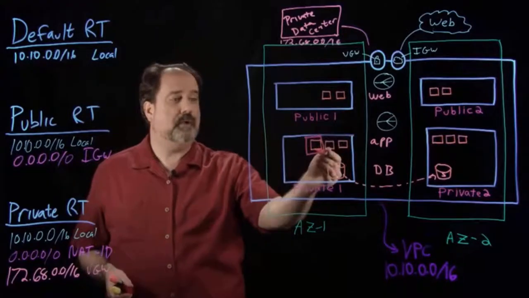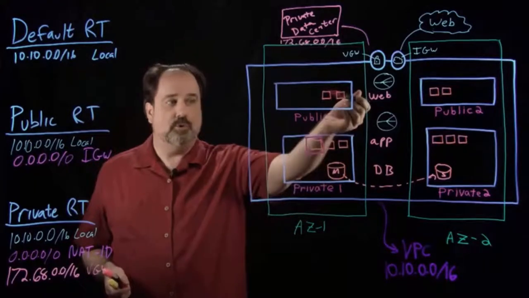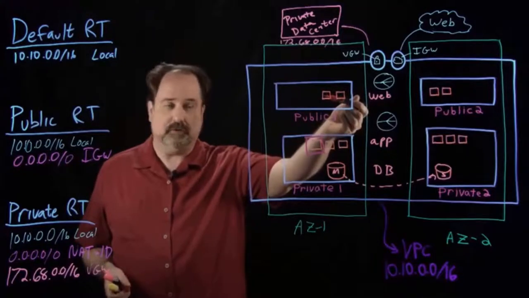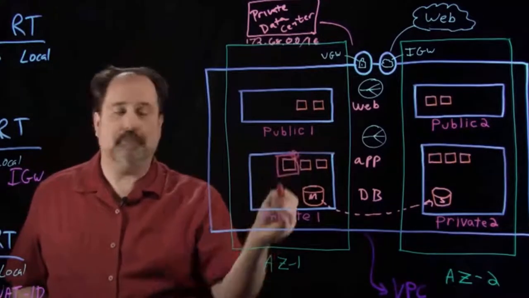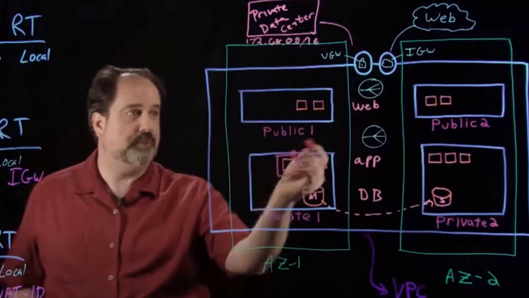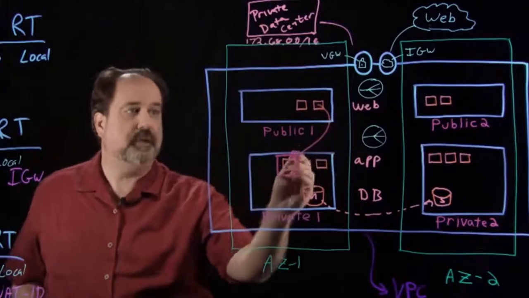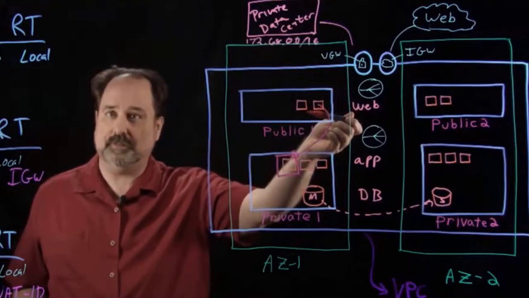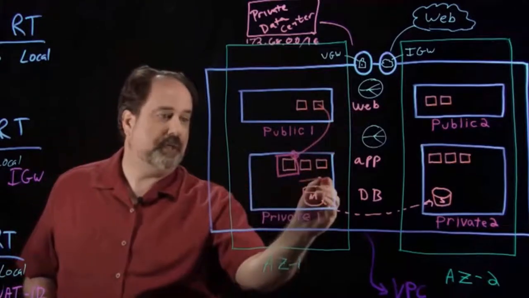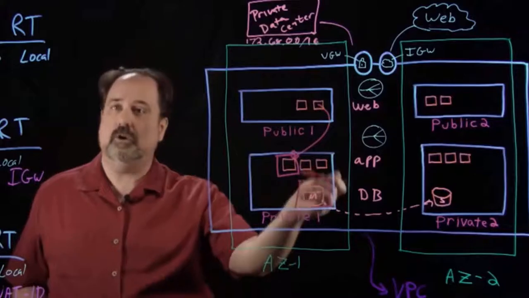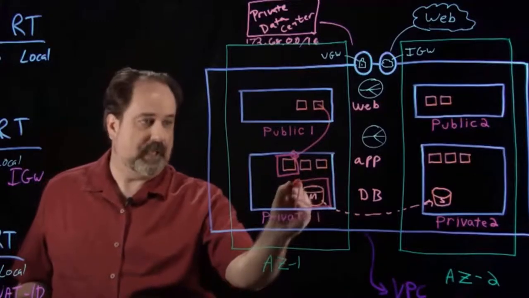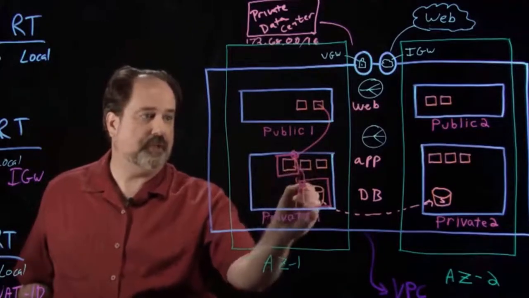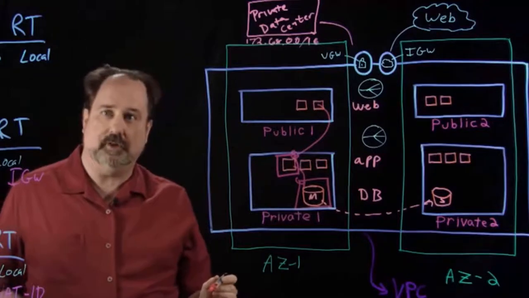So if I want my application servers to only accept traffic from the front-end web servers, then I only open up a hole on the security group that will then accept traffic from the range, the port, the protocol from the web servers themselves. Database is going to have its own security group around it. And it is only going to accept traffic if it originates from the application server.